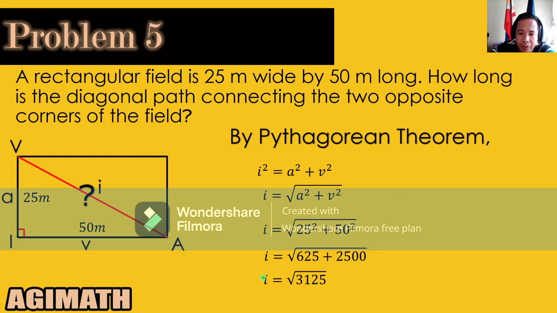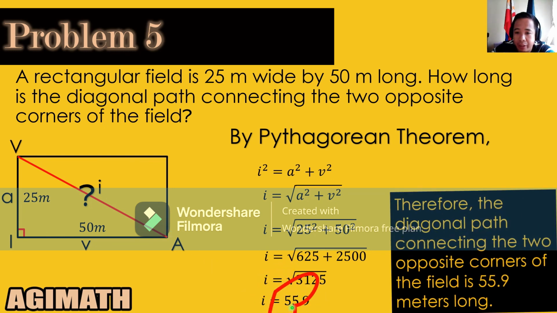Just add 625 and 2,500, that is equal to 3,125. And using your calculator, it will give you an answer of 55.9. That's very easy. So the length of this diagonal path is 55.9 meters.